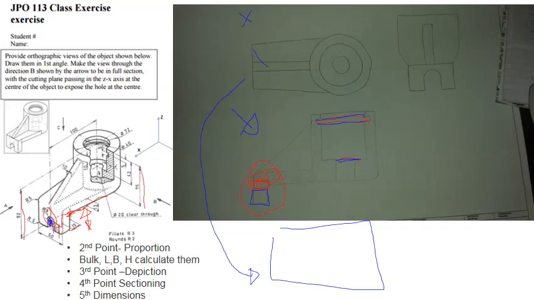I can't remember what the page is on your notes, but you would recall that if you have an object that has a web that meets up with a rounded surface there, you'd have to indicate the ends slightly rounded there, so they won't appear as full right angle corners.